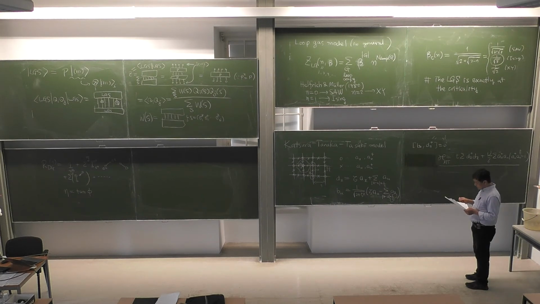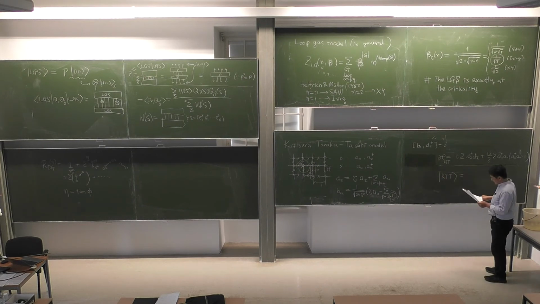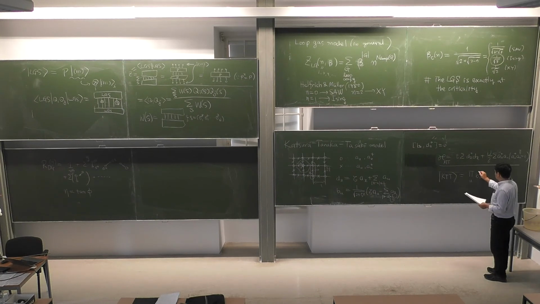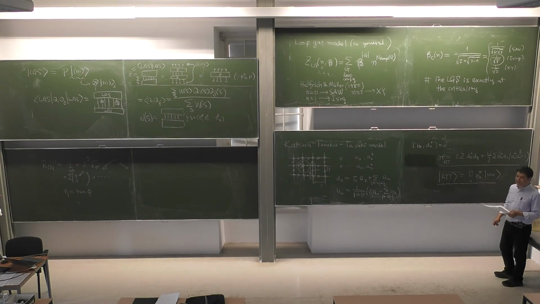So I don't have sufficient time for explaining why this ground state is really the ground state of this Hamiltonian, but let me just introduce the ground state of this Hamiltonian. So please believe me that this is the ground state of this Hamiltonian. It's very simple in terms of the B operator. This is the ground state of this Hamiltonian.